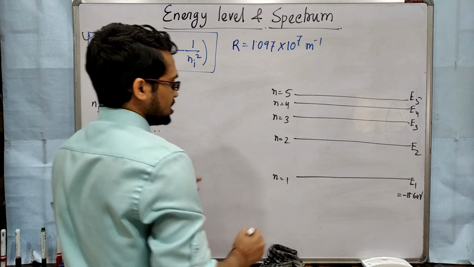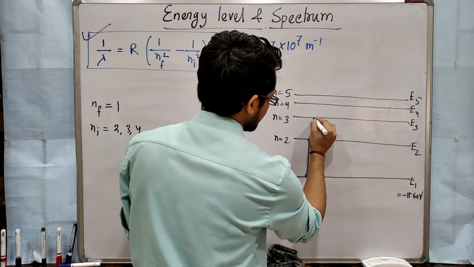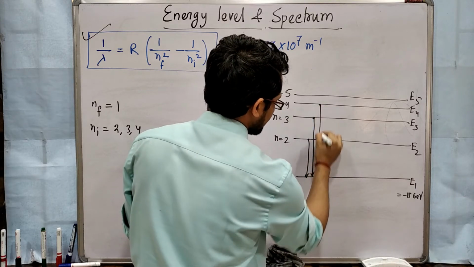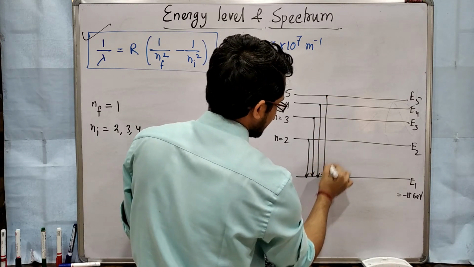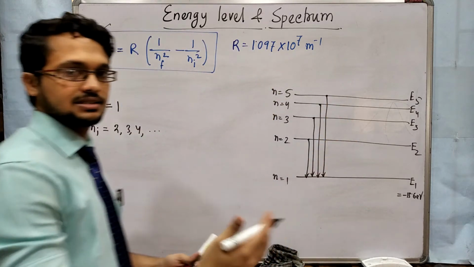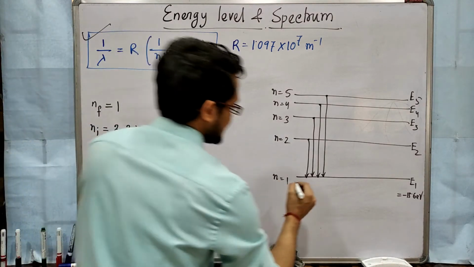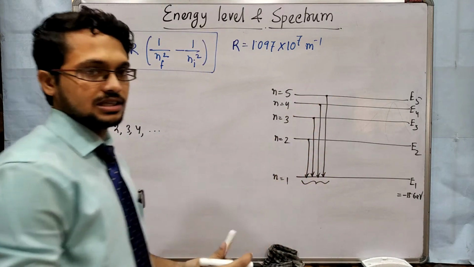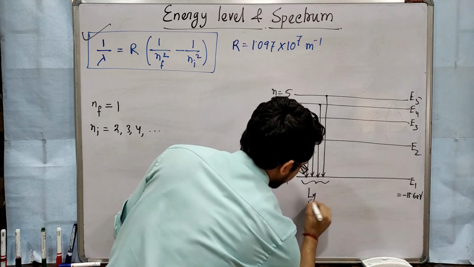For Nf equal to 1, the electron may come from n equal to 2, 3, 4, 5, 6, 7. When the final state is 1, this kind of series or spectrum is called the Lyman series.